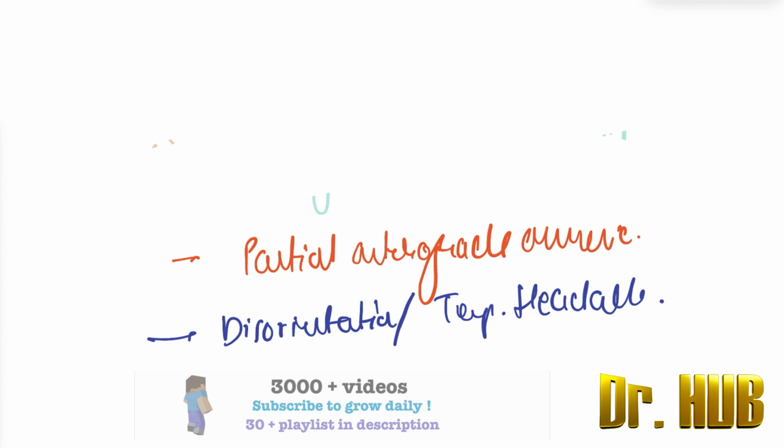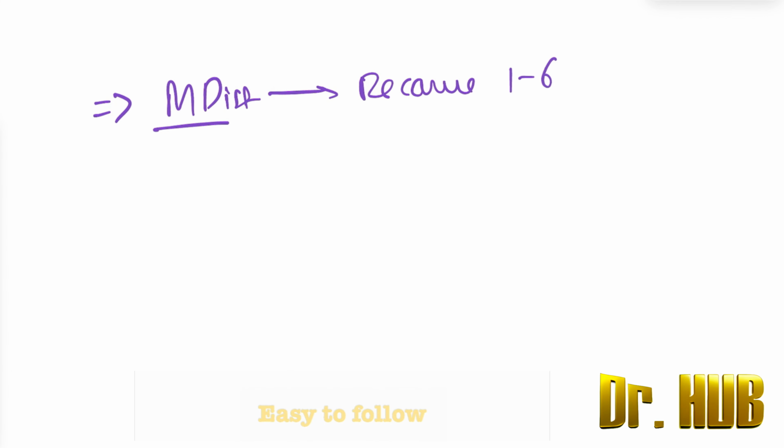Next, we are going to move on to other important points. Other important point to note is that there can be memory disturbances and they usually recover, by 1 to 6 months. And it is safe in case of pregnancy.